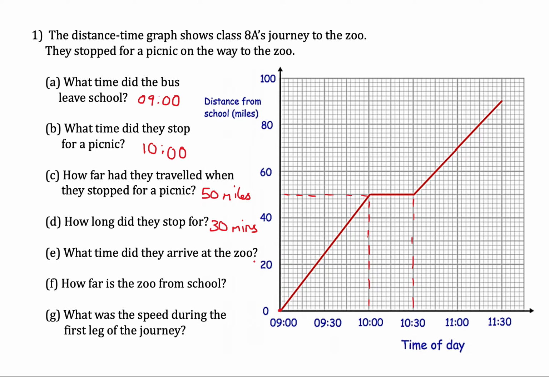And what time did they arrive at the zoo? We can assume that this is the point where they arrive at the zoo, and that is 11:30. And how far is the zoo from school? If this is the point they arrive at the zoo, then that is 90 miles from school.